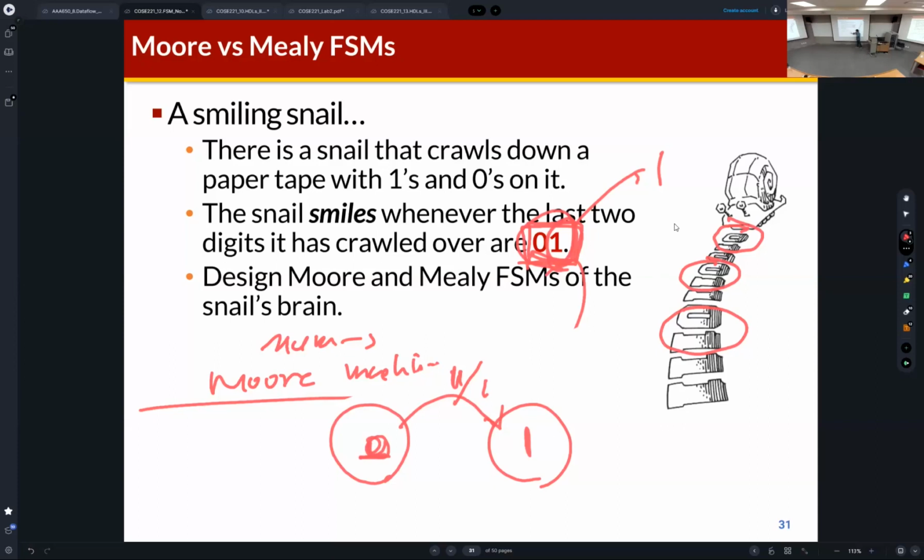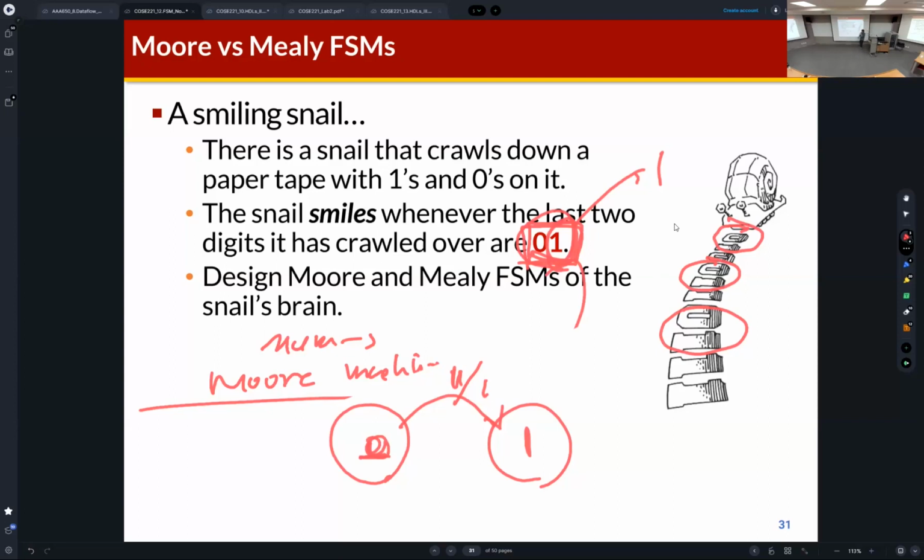So 0 means that the previous input is 0, and 1 means that the previous input is 1. If the state is changed from 0 to 1 and the current input is 1, then the output becomes 1. So this is the Mealy machine. The output is determined by current state and input signal.